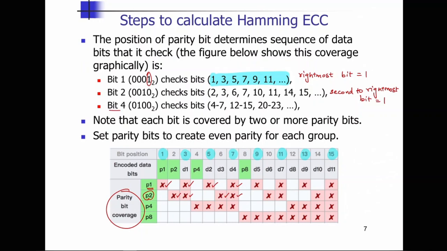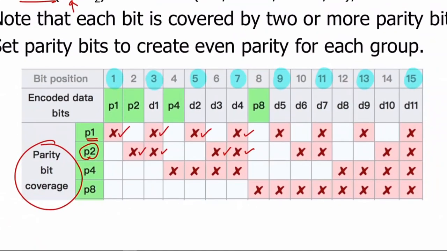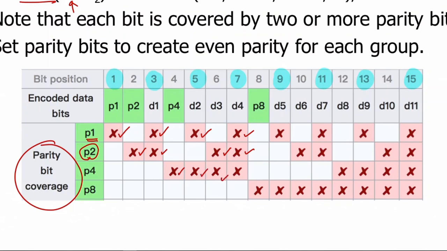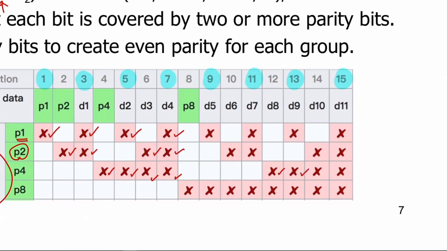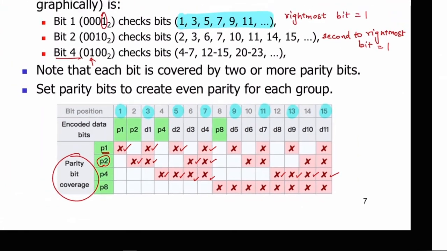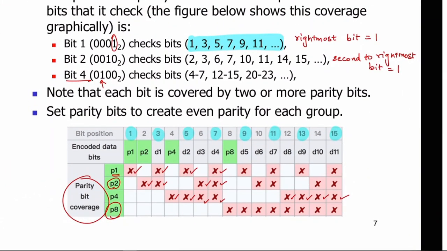And similarly for bit 4, the third to last bit will be 1 for locations 4, 5, 6, 7, and locations 12, 13, 14, 15. And for P8, parity bit 8, those will be positions 8 all the way to 15. So that's how we are covering those locations.